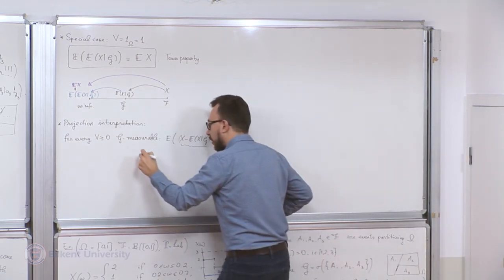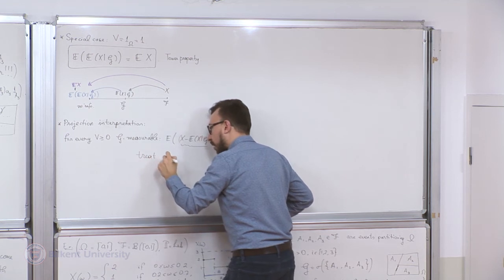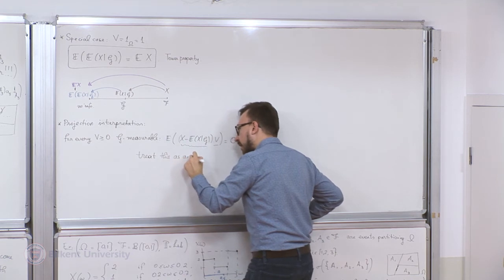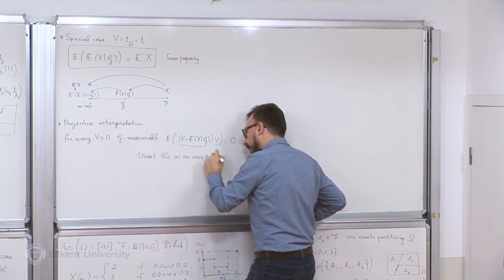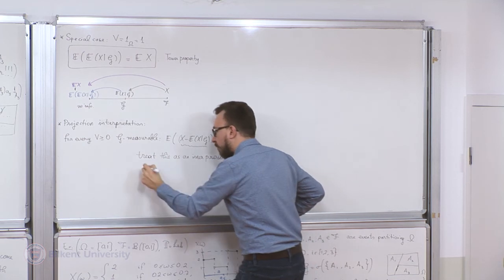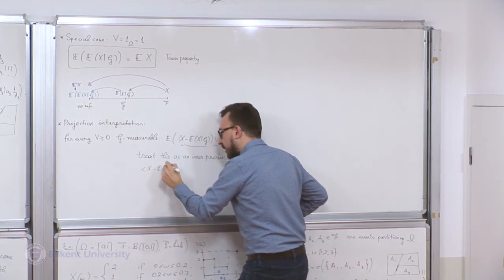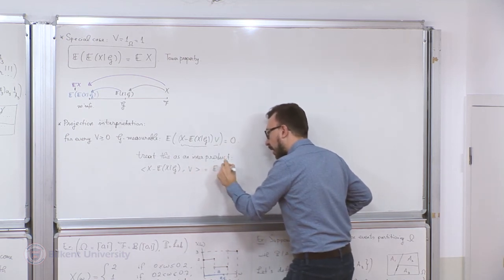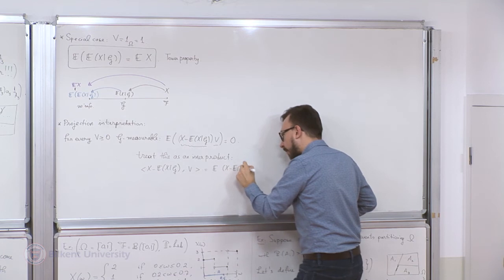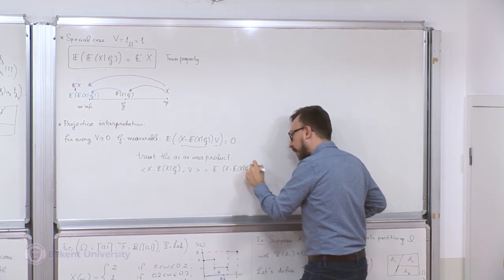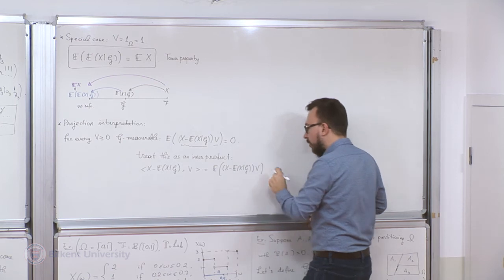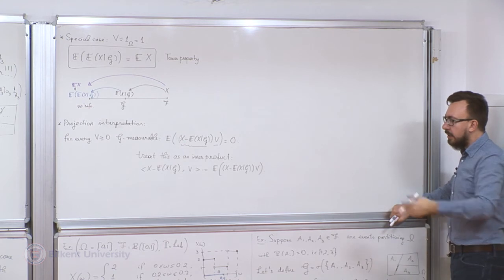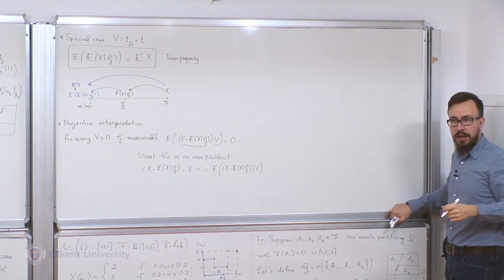So treat this as an inner product. Namely, the inner product of x minus this and v is defined as the expectation of their product. We're really taking a product, but since things are random, we're taking the expected value of them.